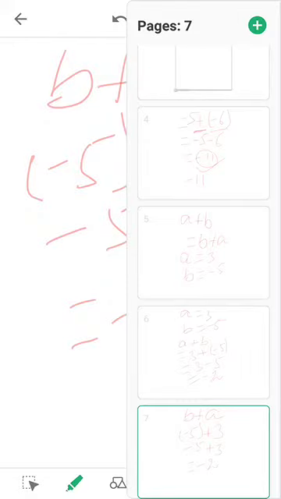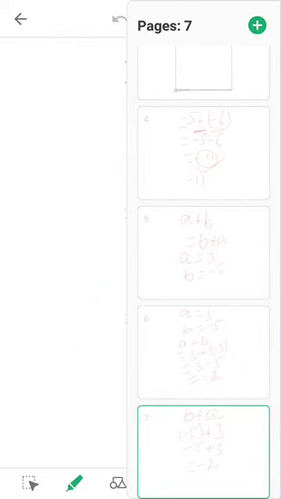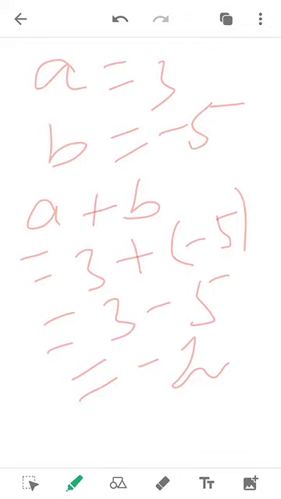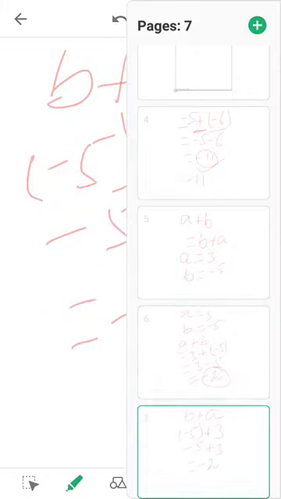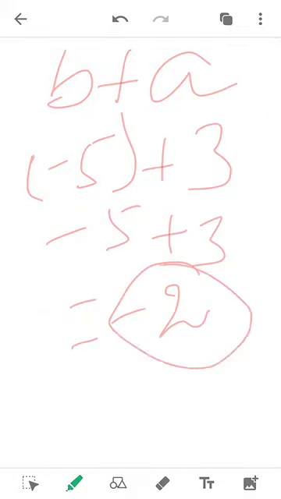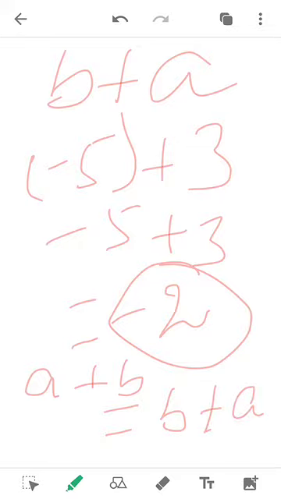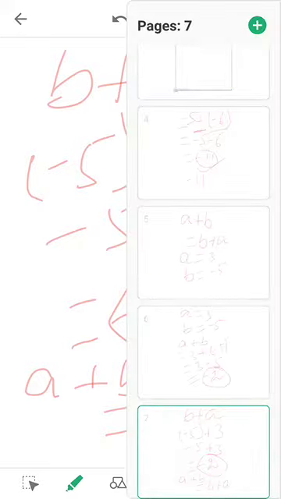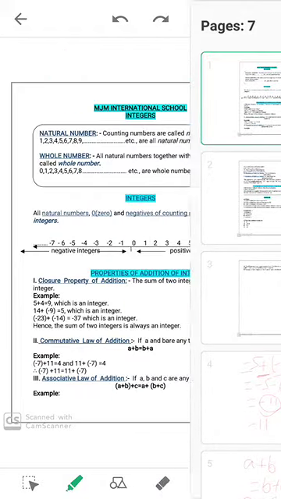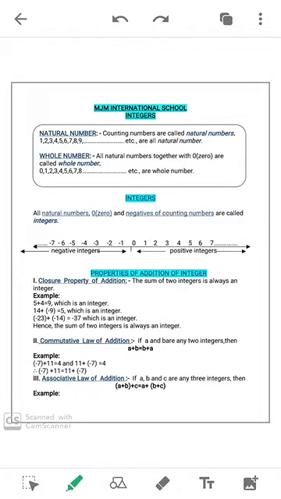Now we can see here a plus b is equal to minus 2 and b plus a is equal to minus 2. It means a plus b is equal to b plus a. Hence we can say that both the integers a and b hold commutative law of addition.